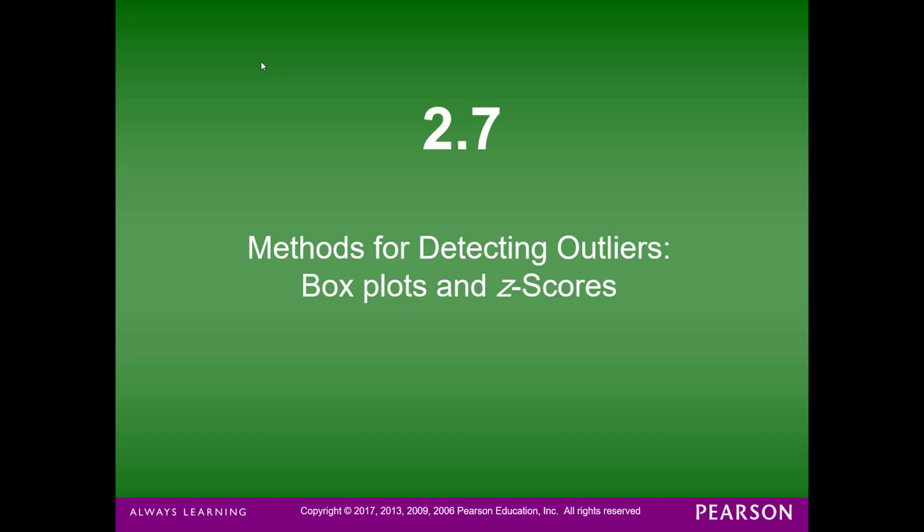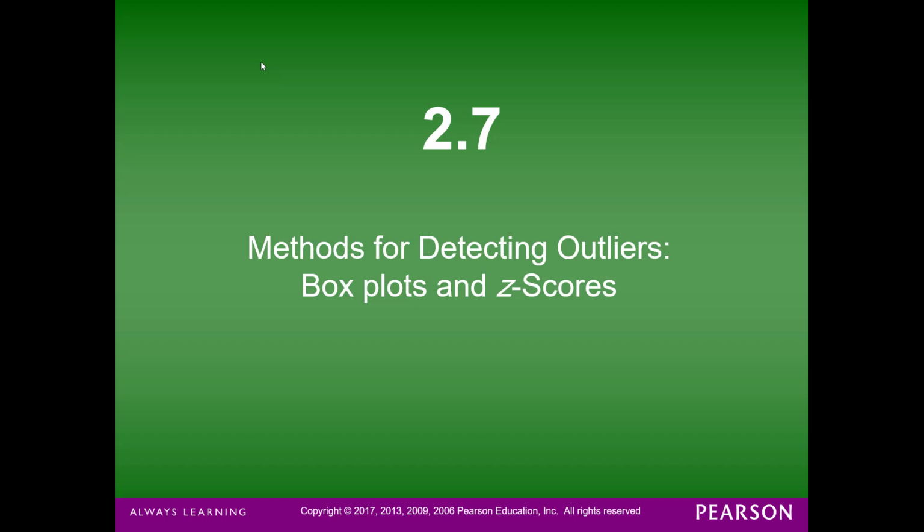Section 2.7, Methods for Detecting Outliers: Box Plots and z-scores. Sometimes it's important to identify inconsistent or unusual measurements in a data set.